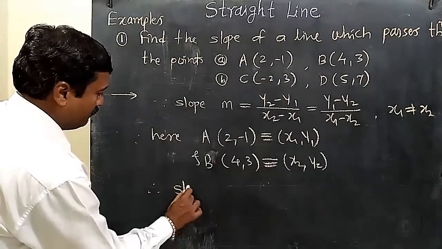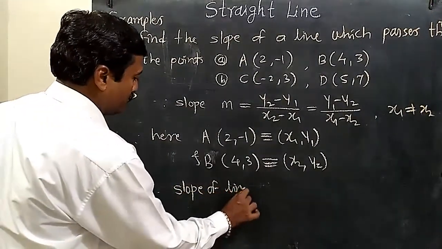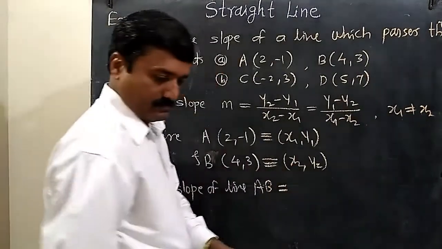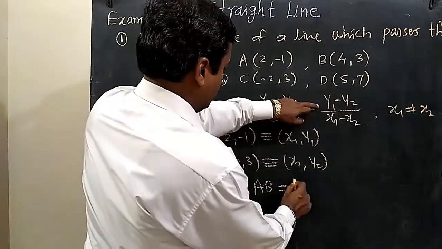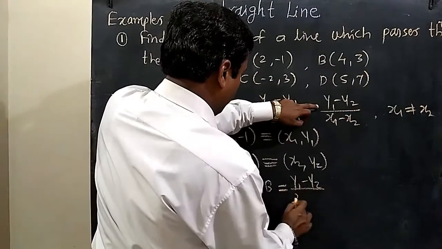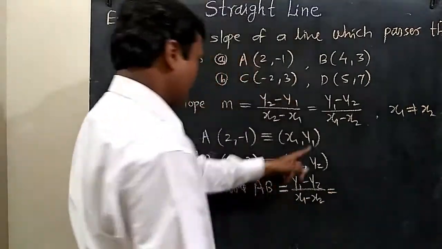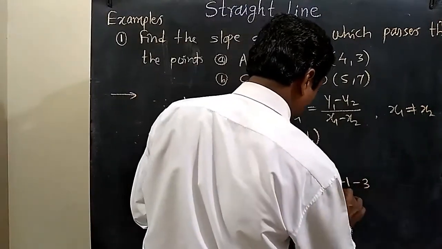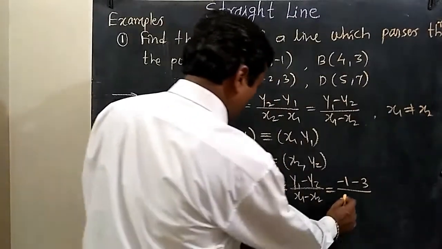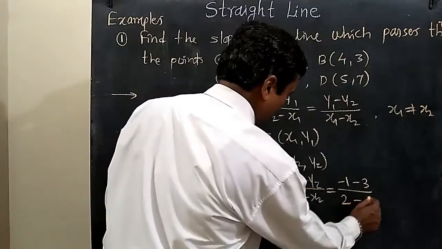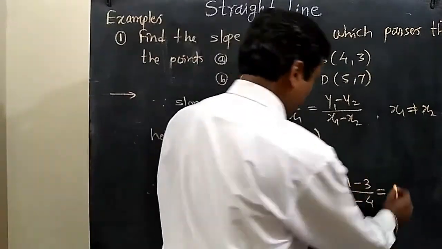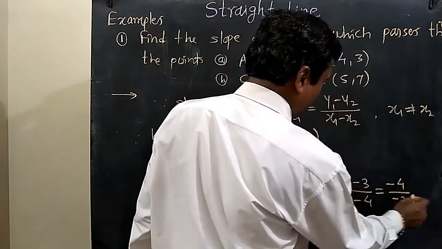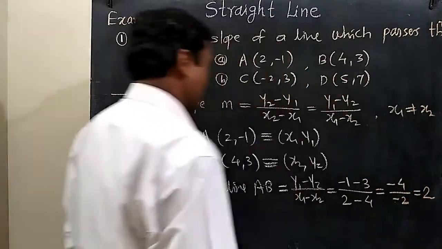Therefore the slope of line AB is equal to (y1 minus y2) upon (x1 minus x2), our y1 is -1, y2 is 3, so (-1 minus 3) whole divided by x1 is 2, x2 is 4, so it is equal to (-1 minus 3) upon (2 minus 4), that is -4 upon -2, this minus minus becomes plus, and the answer will be 4 by 2, that is 2.